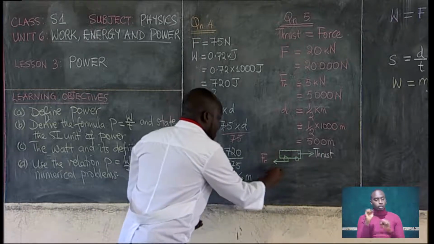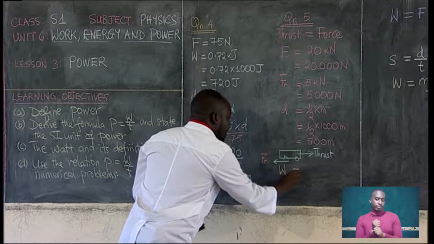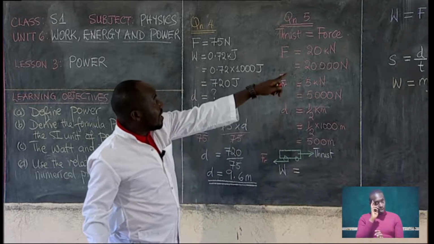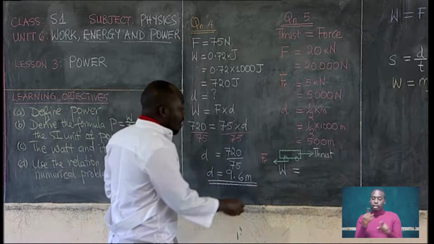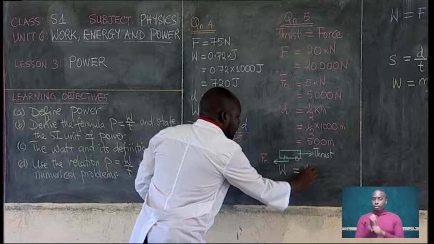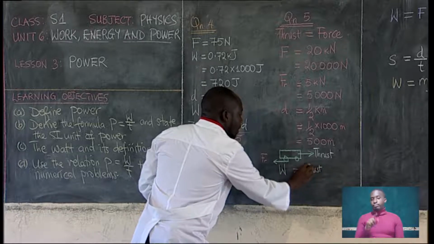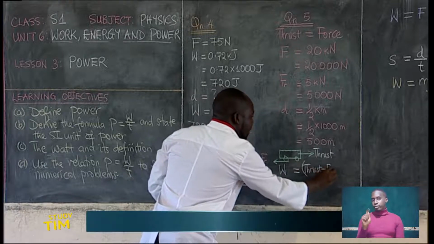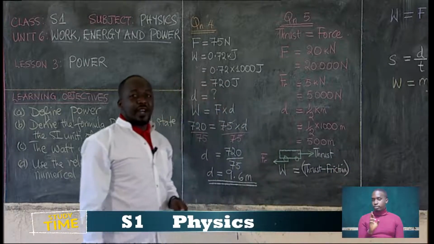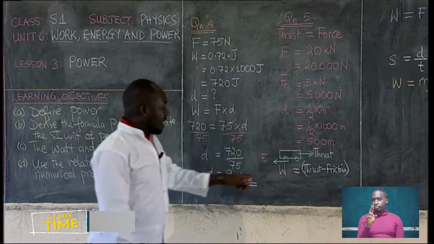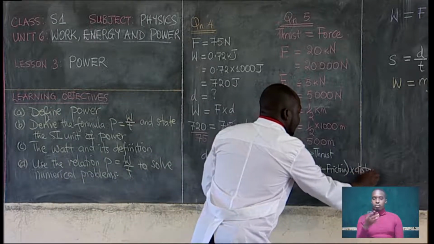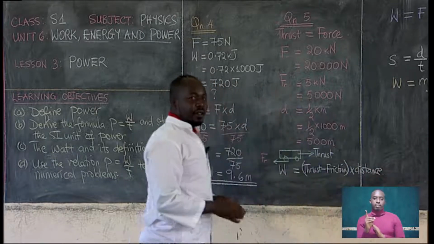So we shall say here that work done is equal to force. Remember the formula. Work done is force times distance. Only that here our force now is going to be thrust minus friction. That is the force. Then we shall multiply this by the distance.